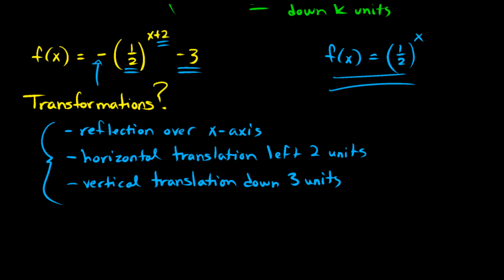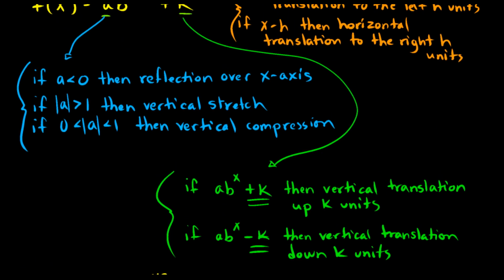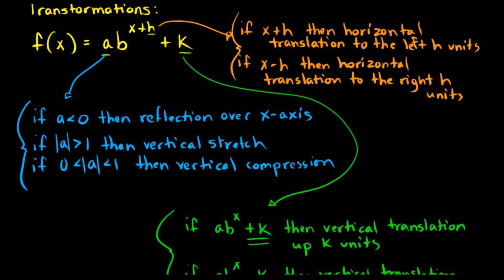Now there is one other transformation that can happen, and that occurs when the exponent is negative, when the x value is negated. If that should happen, then there's a reflection over the y-axis.